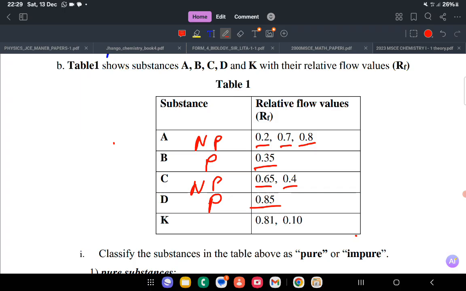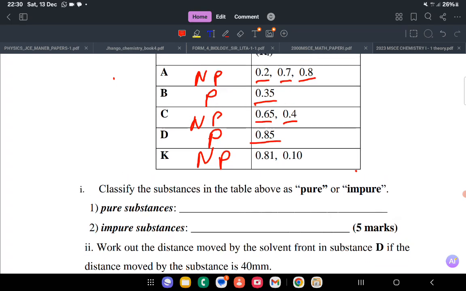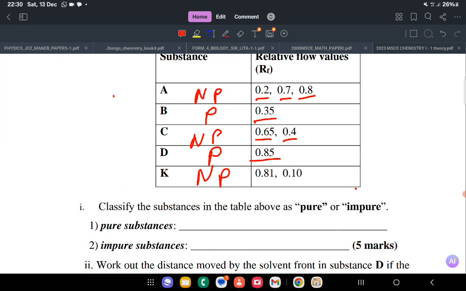And K is also not pure. A pure substance has only one relative flow value. So, to answer the question, the pure substances are B and D.